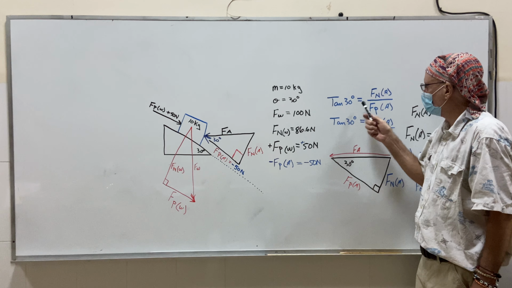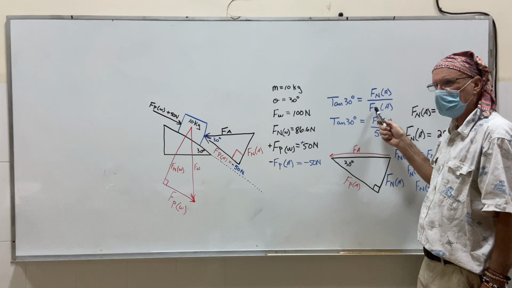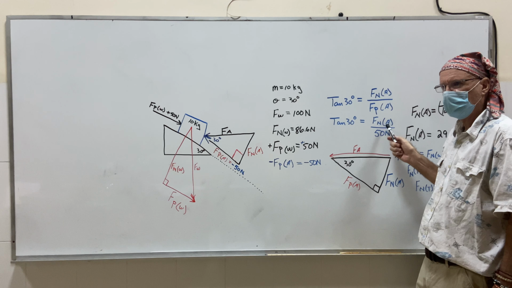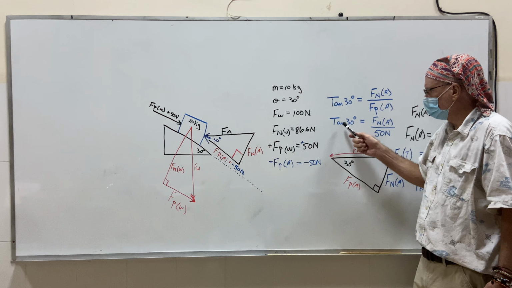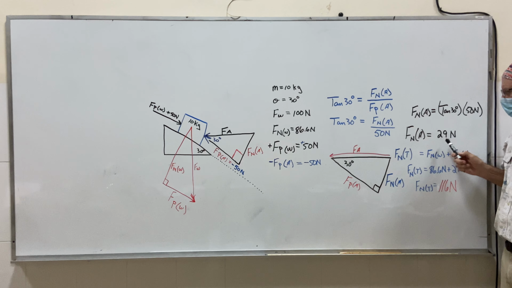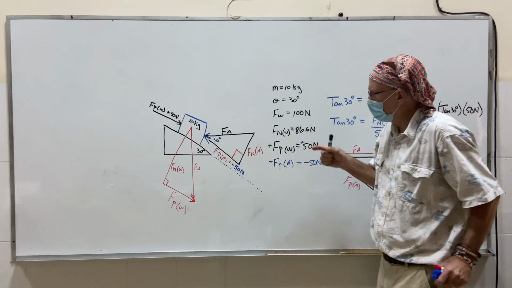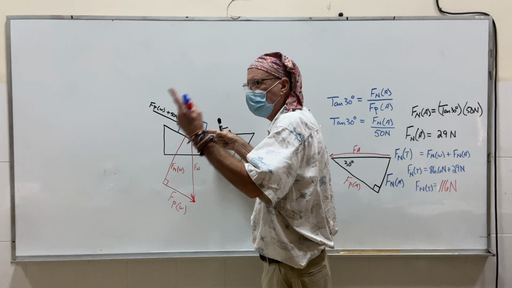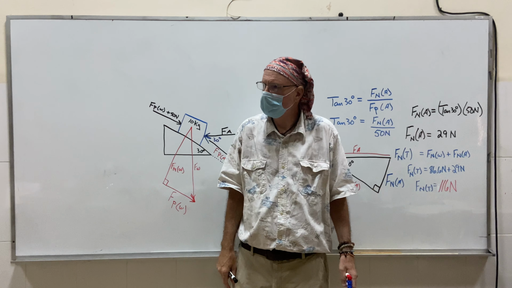So tangent 30 equals Fn from the applied force over Fp from the applied force, which is 50 newtons. 50 newtons times tangent 30 is 29 newtons, correct? So an application of this force is going to create an additional normal force of 29 newtons.